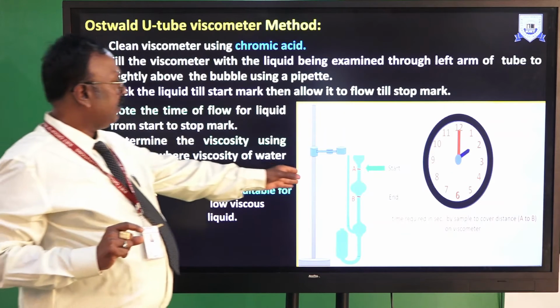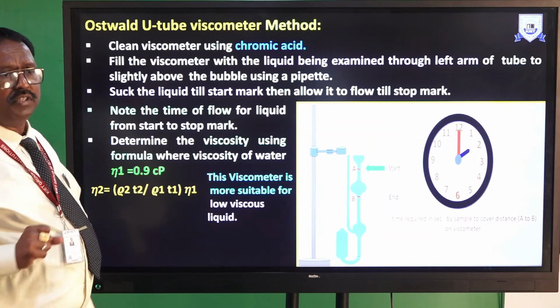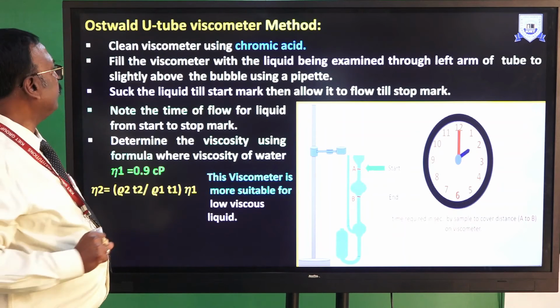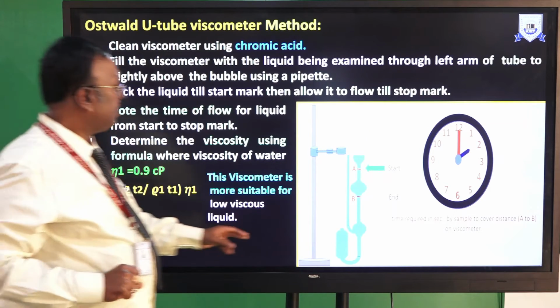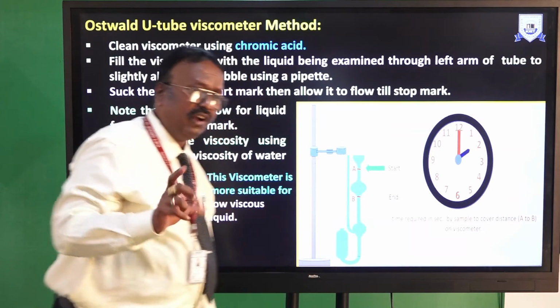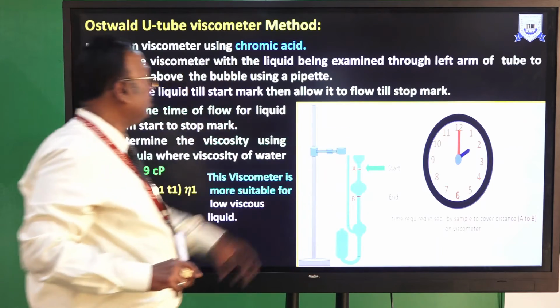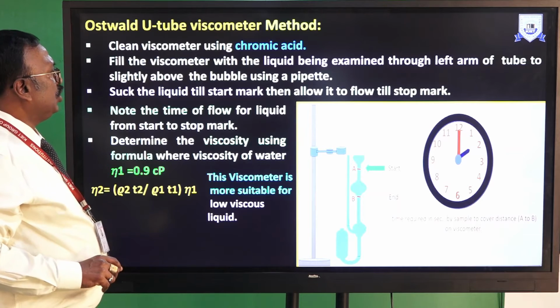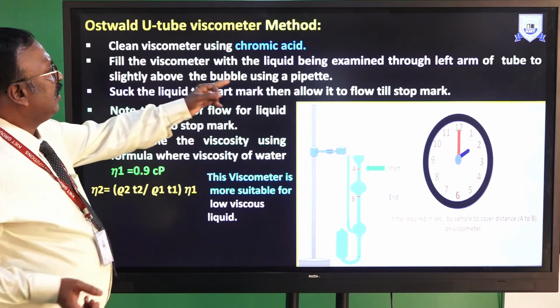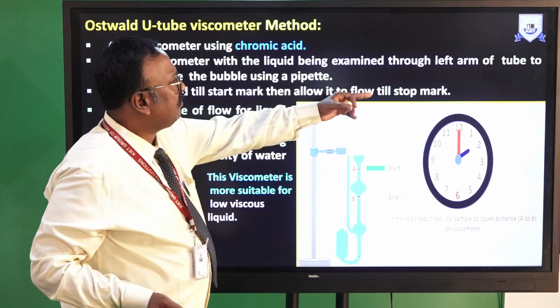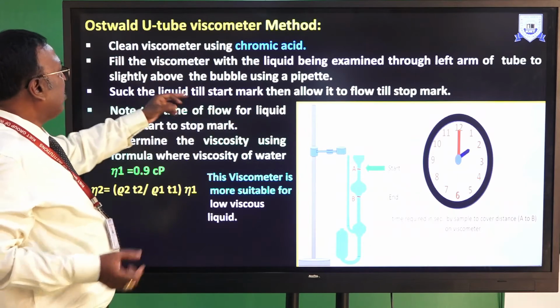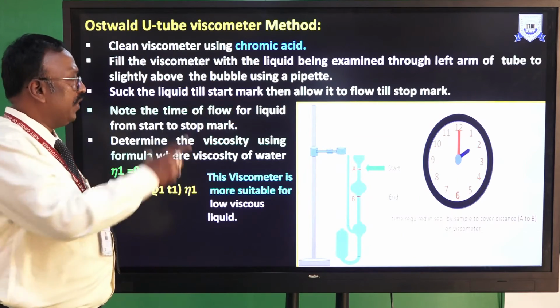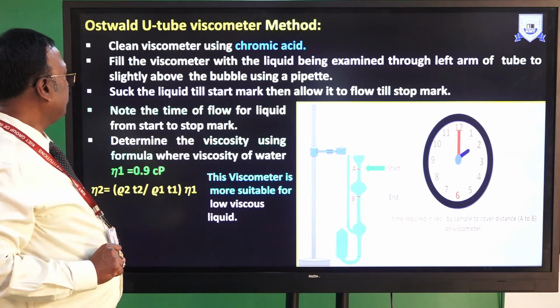First clean the capillary viscometer with chromic acid. After proper cleaning, fill the viscometer with whatever liquid you have to take. Fill the liquid in the tube using a pipette, and examine the left arm of the tube for bubbles. If any bubbles are there, observe them.